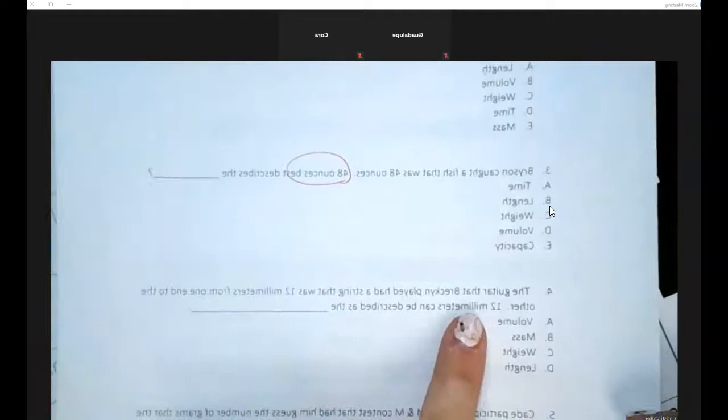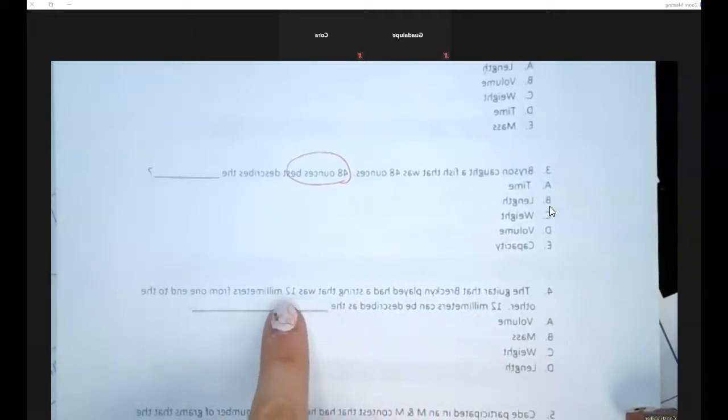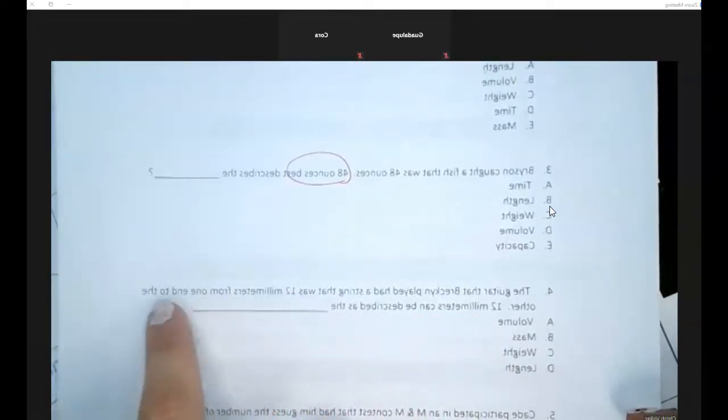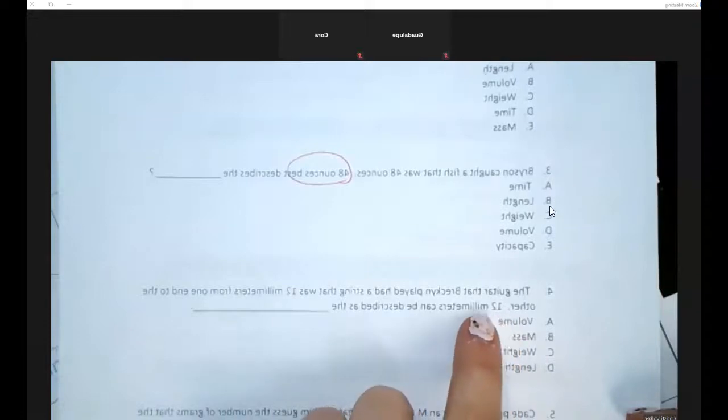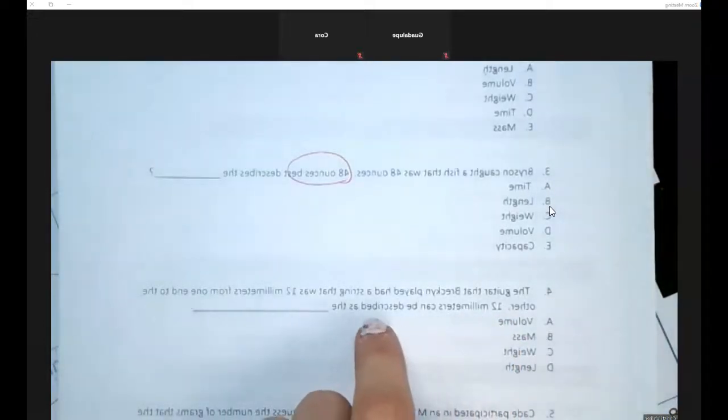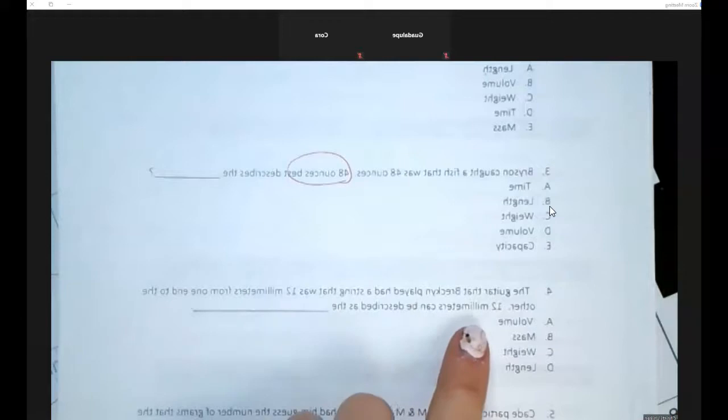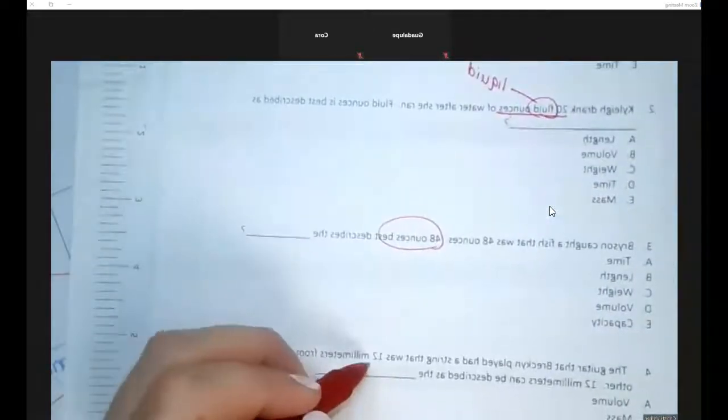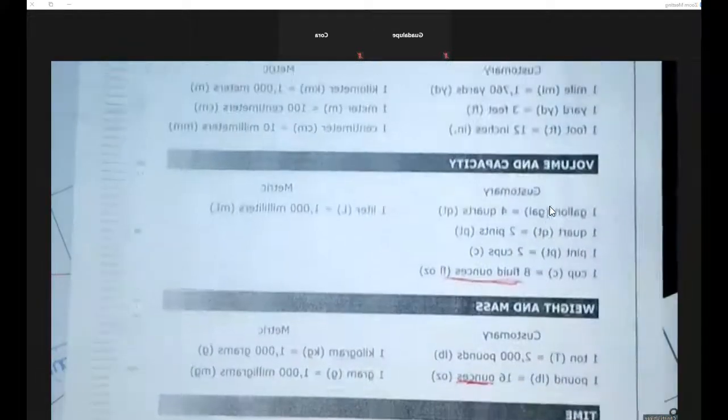The guitar that Brecken played had a string that was 12 millimeters from one end to the other. 12 millimeters can be described as the volume, mass, weight, or length. So I'll let you look at the chart. We're looking at millimeters this time.